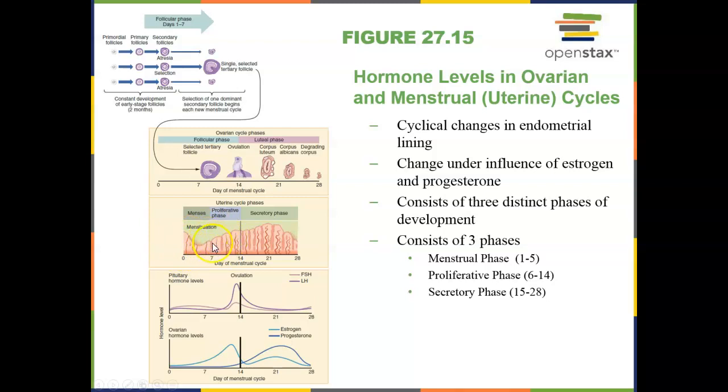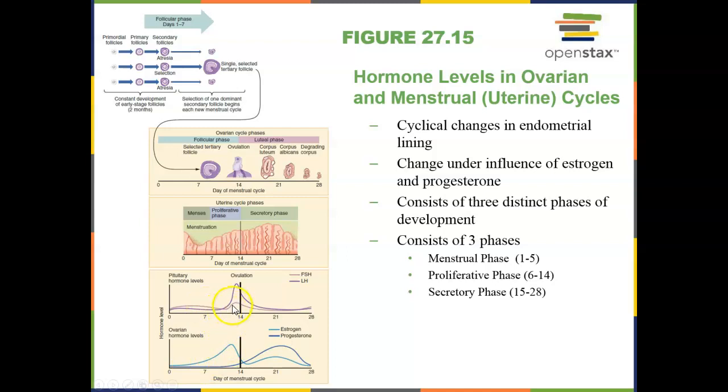Then we start the proliferative phase, where we start growing that tissue. So proliferative phase starts as we start increasing luteinizing hormone. So you can see luteinizing hormone starts to go up, as does the endometrial lining, and the estrogen levels increase.